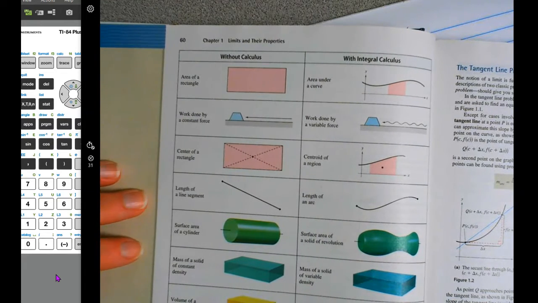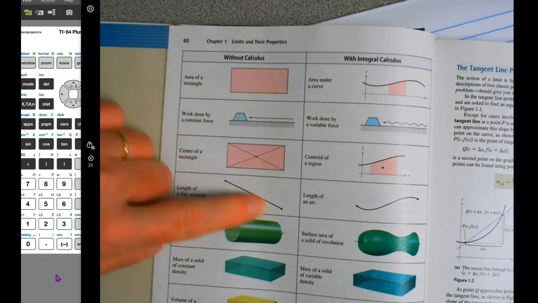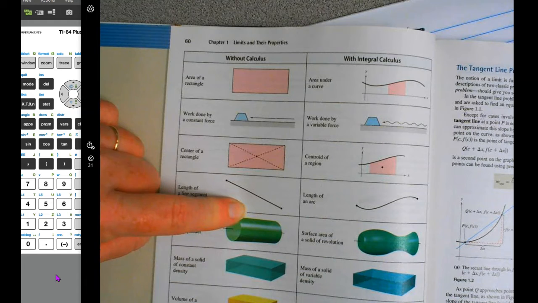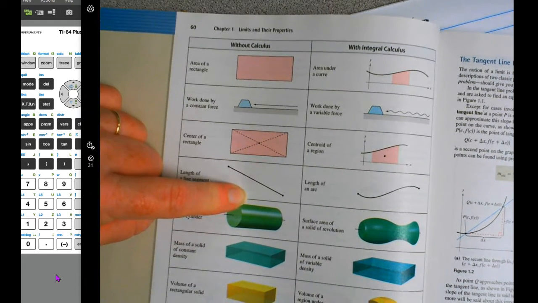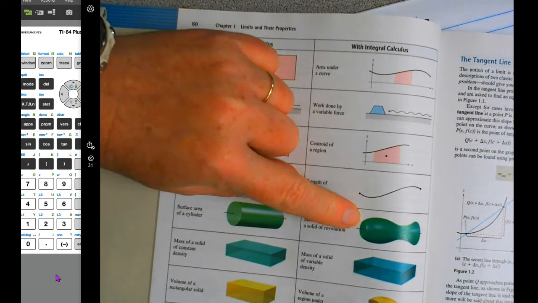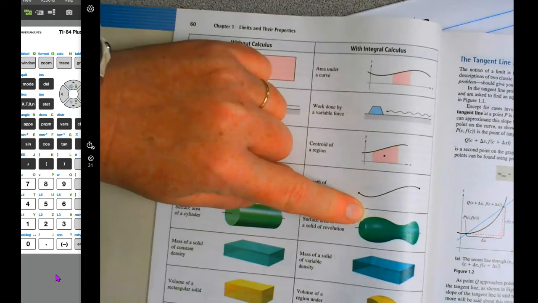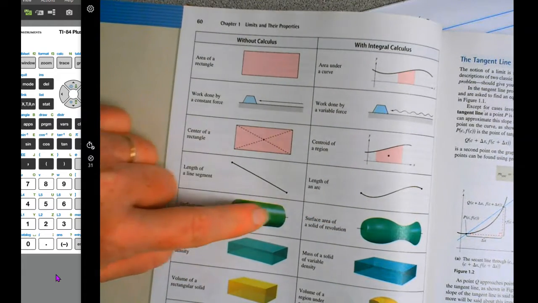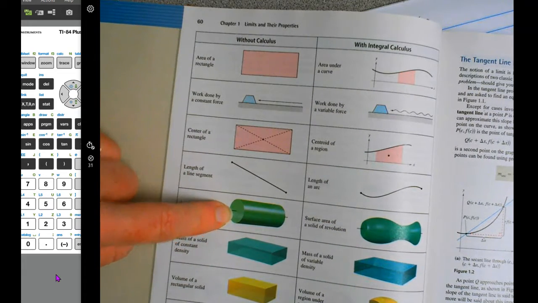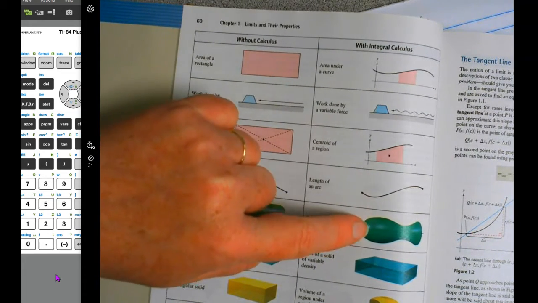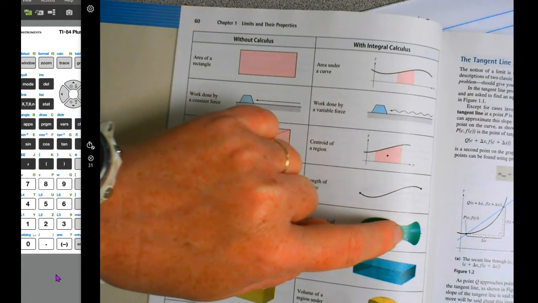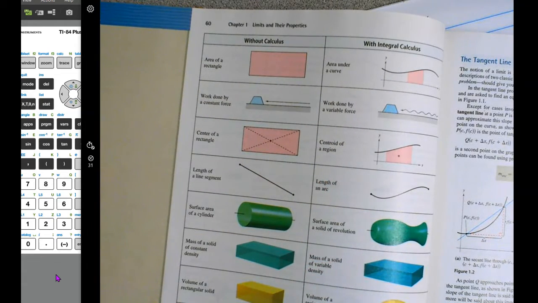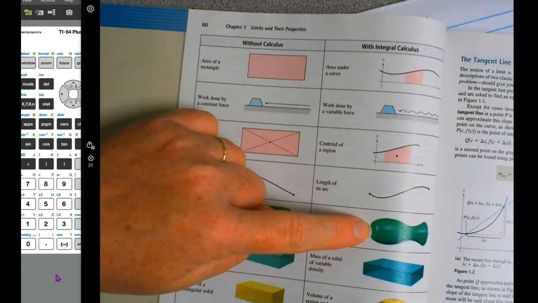So surface area of a cylinder, like how much metal is needed to make a can of whatever you're going to have in a can. This would be surface area of something that's irregular. So this is the same all the way here. This one is fat here, but skinny here, and then fat again. It has a different kind of shape. This we need calculus for.